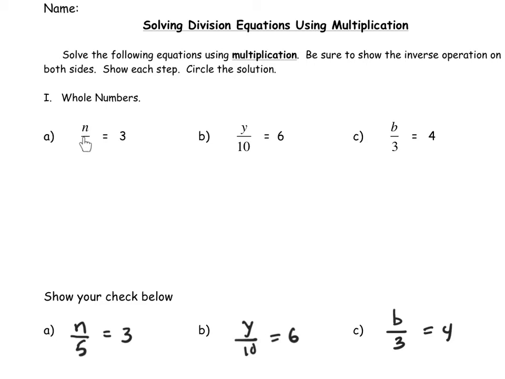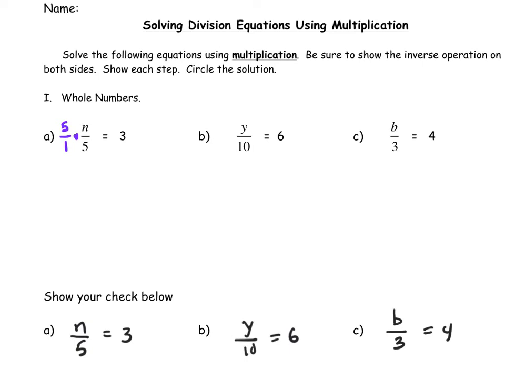I see n divided by 5, and we want the n by itself. So the opposite of division, as we just talked about, is multiplication. So I'm going to show that I'm multiplying by 5. Because this side looks like a fraction, I'm going to choose to use it as 5 over 1.